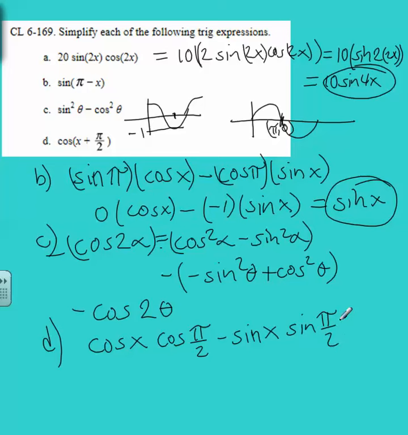Now it's time to simplify. Pi over 2 for cosine is 0. So we've got cosine of x times 0.